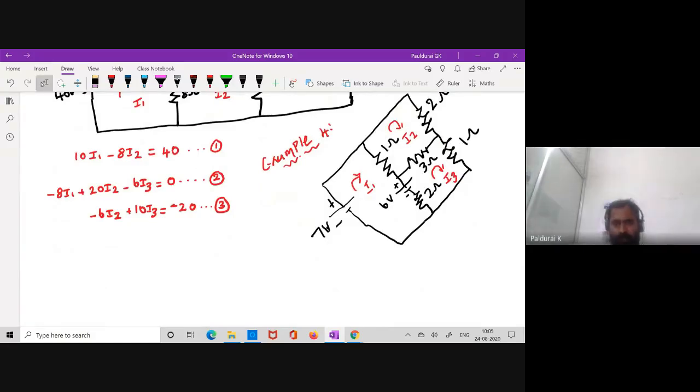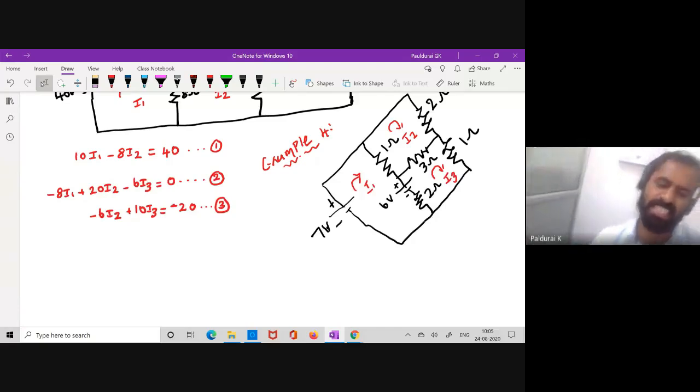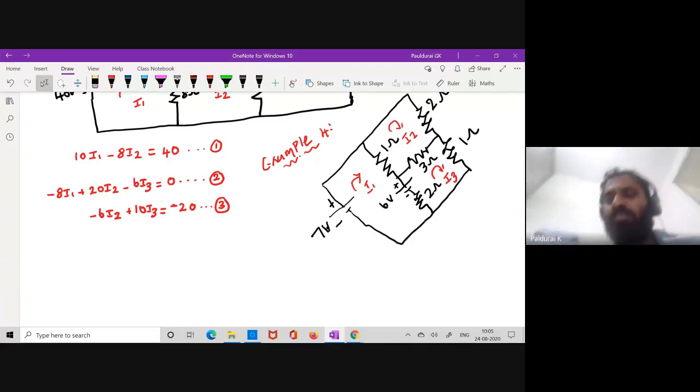I developed only this equation. And can you find I1, I2, I3 for the above example number 3? What's the answer? That we will verify. Now coming to example number 4. So here also I will straight away write the equation. You please cross verify.